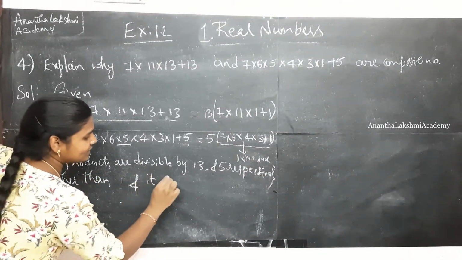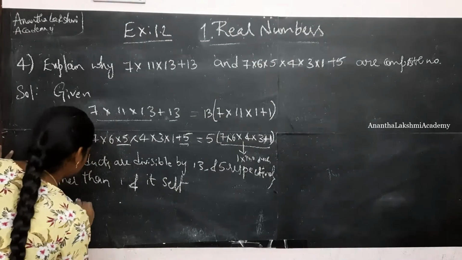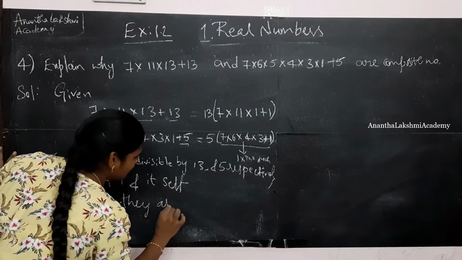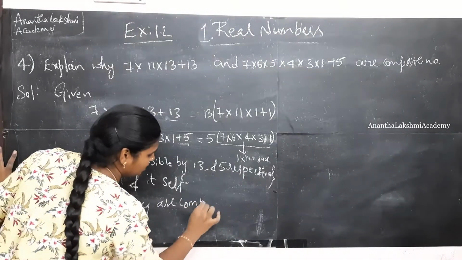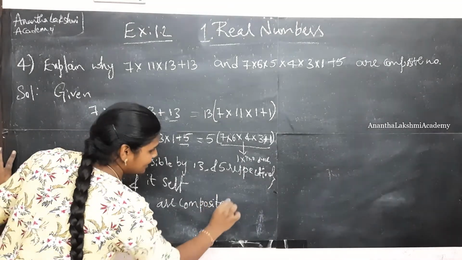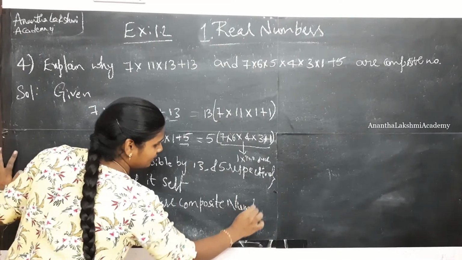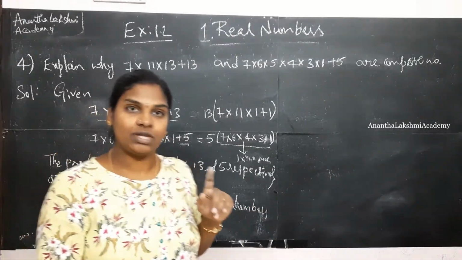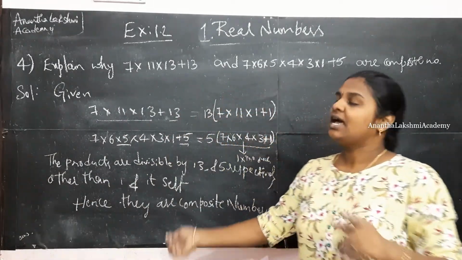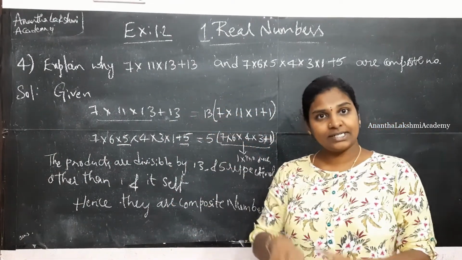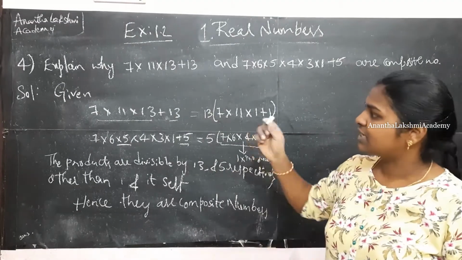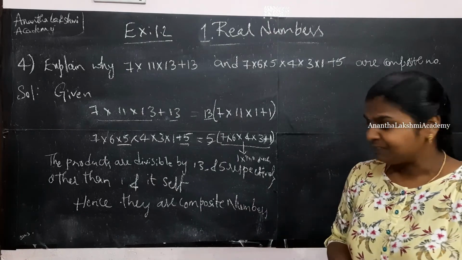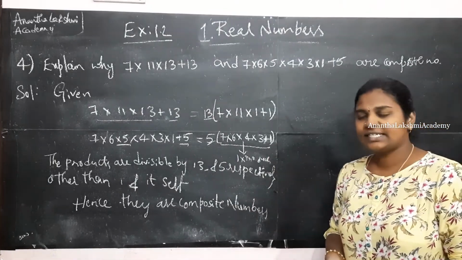Hence, they are composite numbers. That is the reason I am stressing on the concepts. In the very first video I gave you the definition of composite numbers. What is it? Any number which is divisible by 1, itself and other numbers is known as a composite number. This one is divisible by 13, this one is divisible by 5. Hence they are composite numbers.